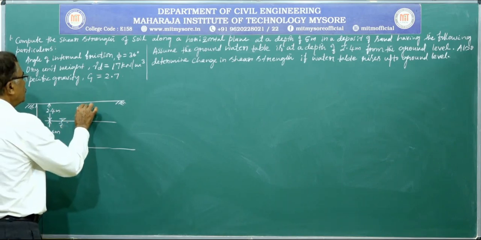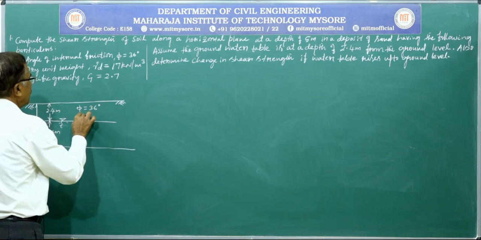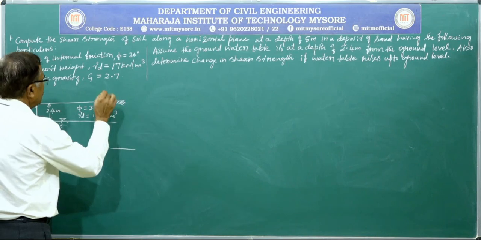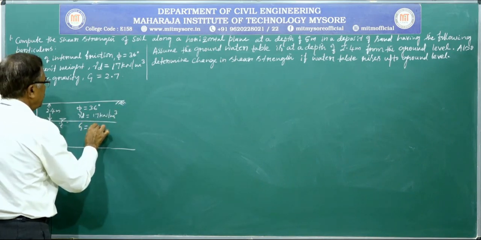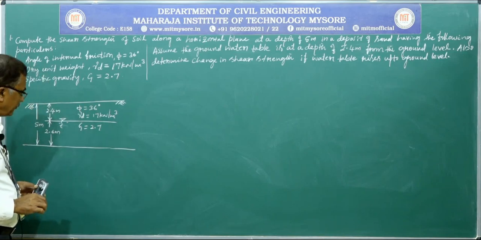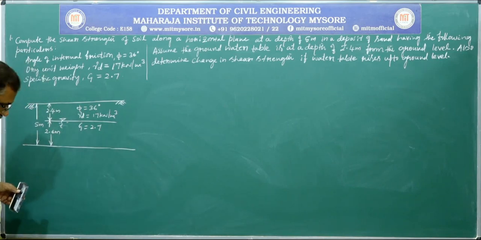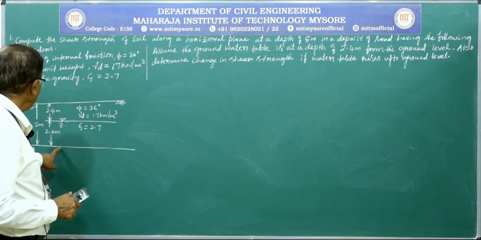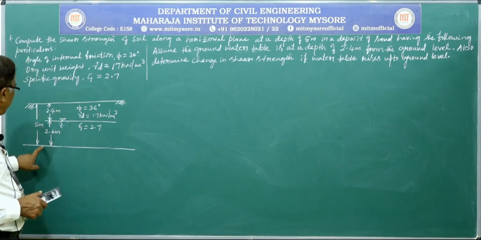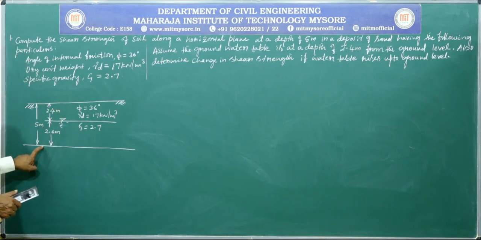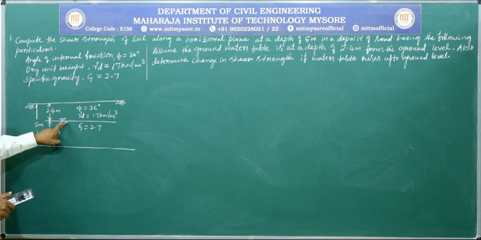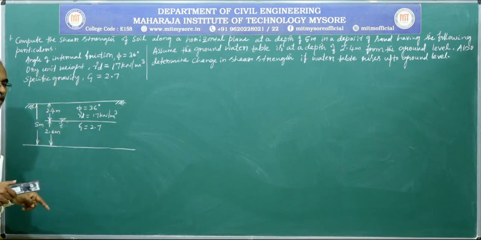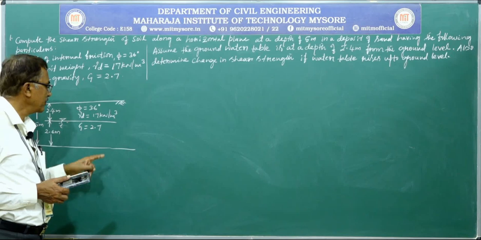Given phi is equal to 36 degree, gamma d is equal to 17 kilonewton per meter cube. So G is equal to 2.7. So as it is required to find shear strength at a depth of the 5 meter, when water table is at a depth of 2.4 meter, here first you have to calculate normal stress, then the effective stress.